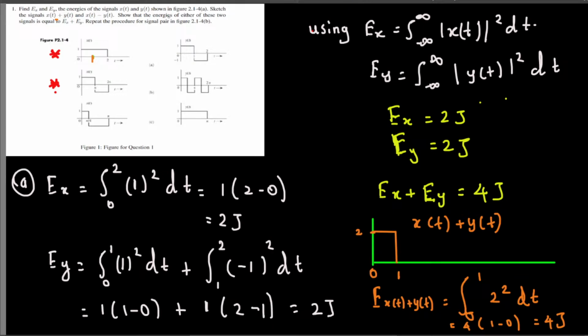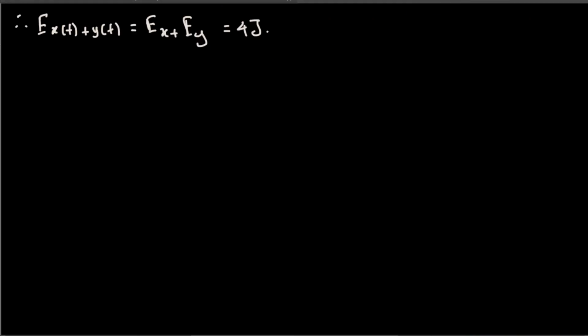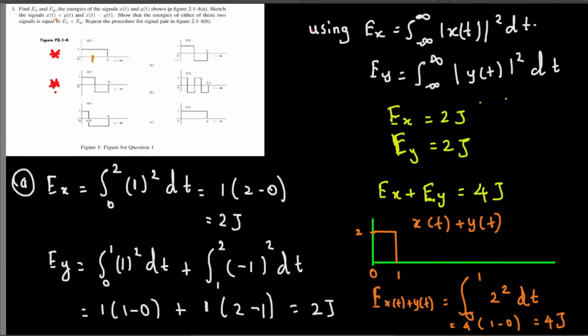Now the last part we have is we have to prove the same thing for x of t minus y of t. Okay, let's draw the graph for it. Let's again look at the graph. From 0 to 1 we have 1, right?